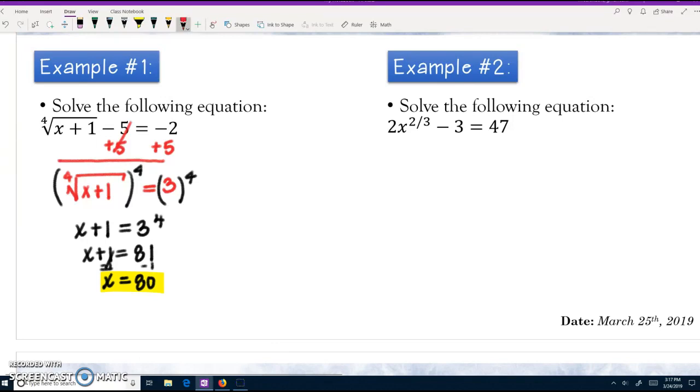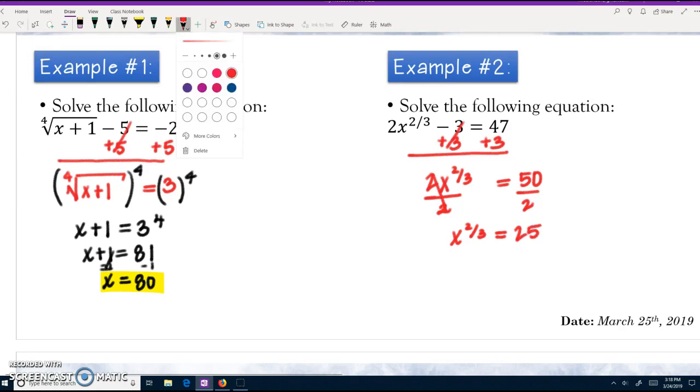I want to take the same approach with example number 2, where my goal is really to start off isolating the expression that has the radical or the fractional exponent. So here I need to add over 3. And when I do that, I will have 2x to the 2/3 power is equal to 50. Now I need to divide both sides by 2 because I need that exponent fully isolated with the x with nothing else on the same side. 50 divided by 2 is going to give me 25 on the right.